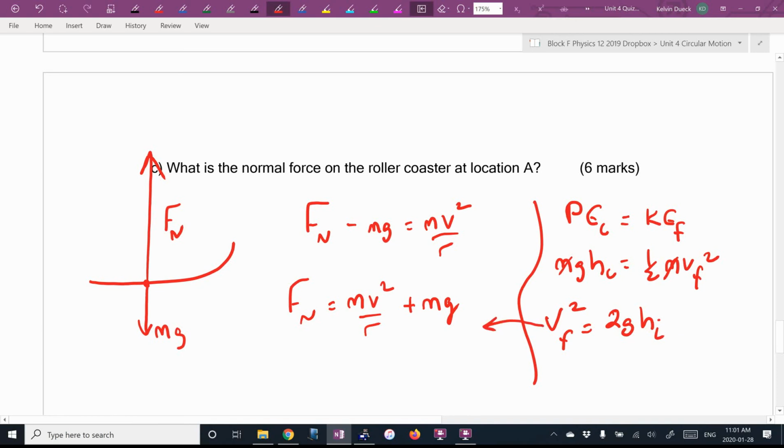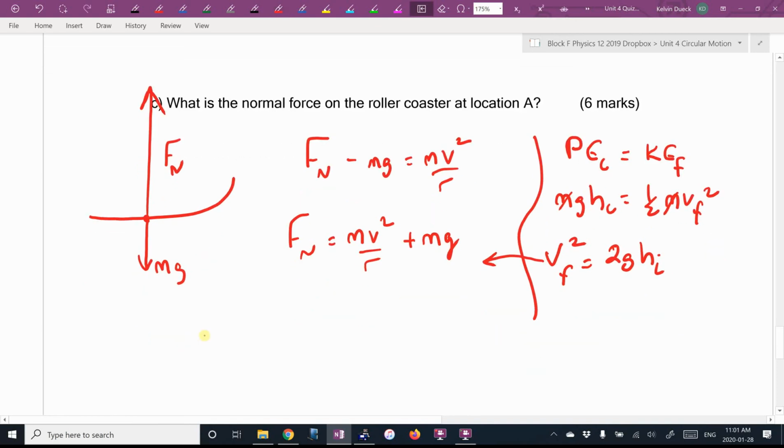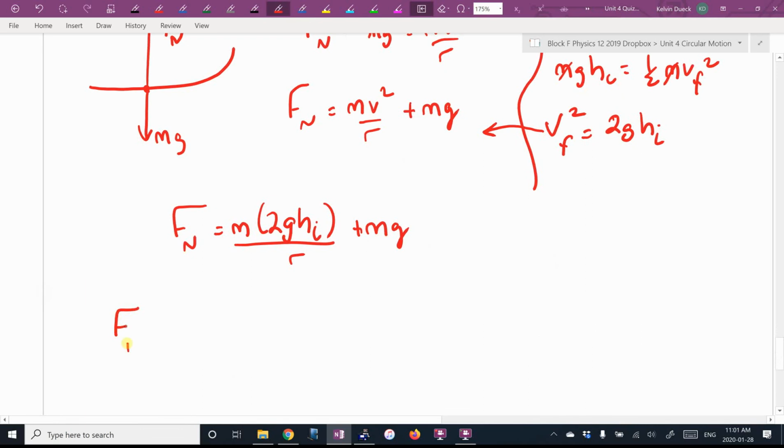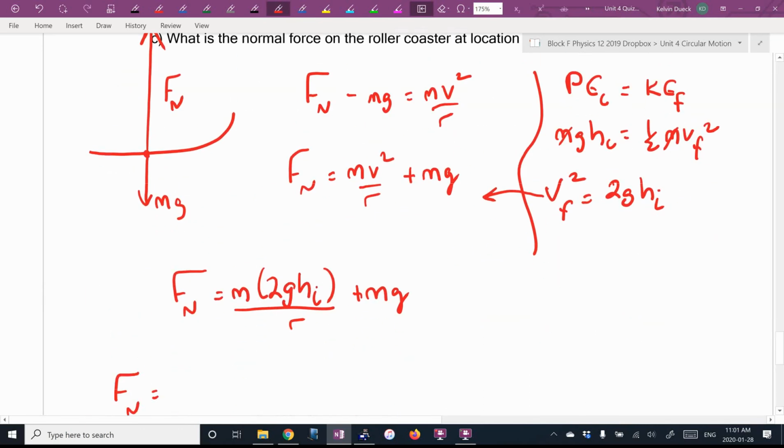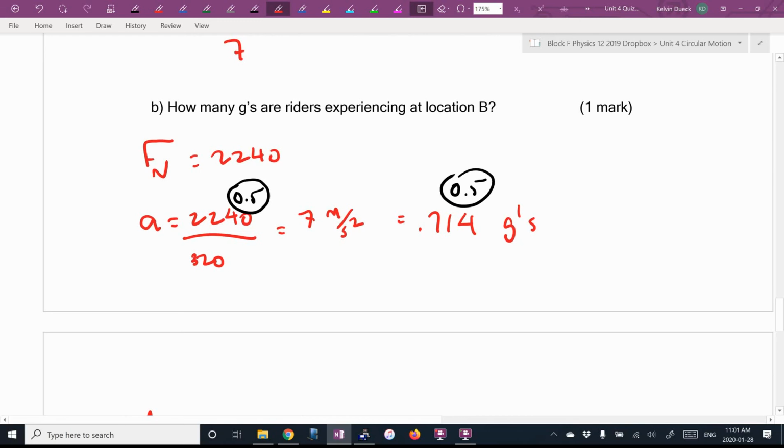I'm just going to plug that in over here. I'm going to get a normal force of m times 2gh initial, no need to square it because that is v squared, divided by r plus mg. The normal force is going to be m, was it 320? 2, 9.8, was the initial height 20?